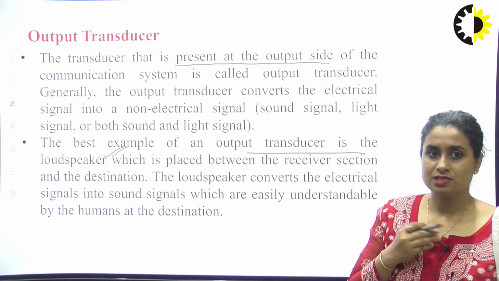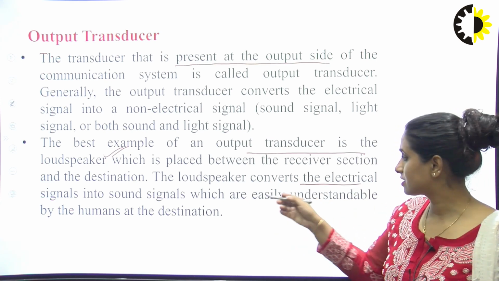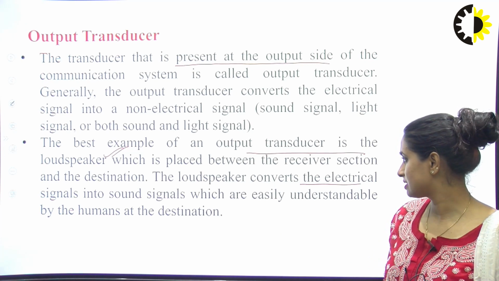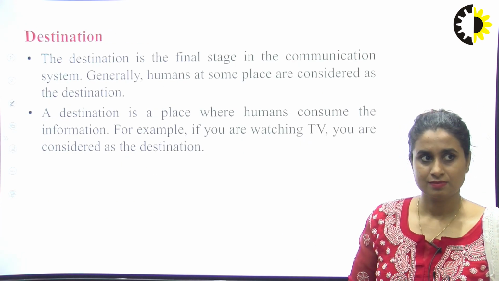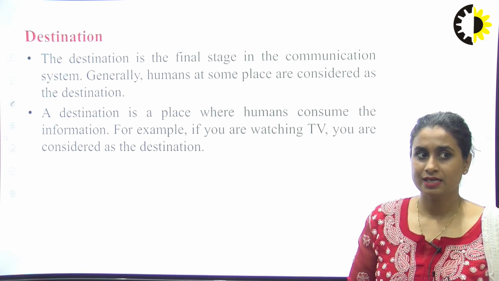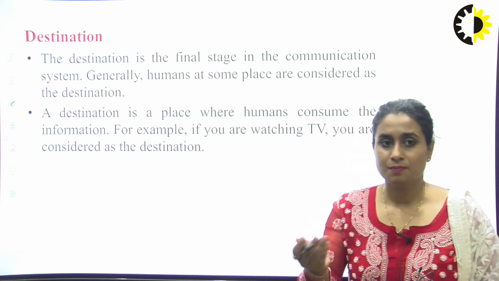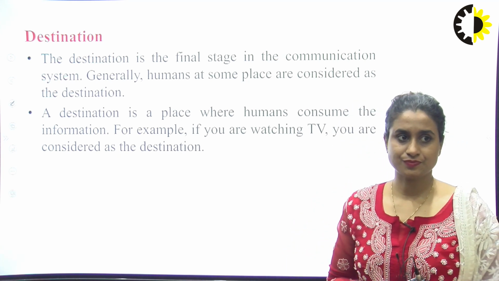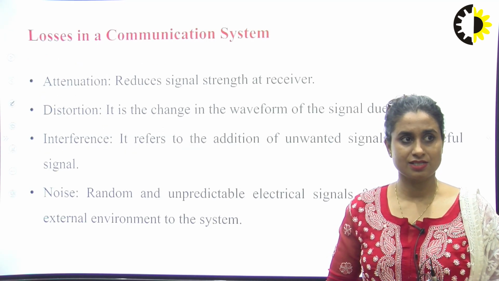Microphone, input transducer; loudspeaker, output transducer. It converts the electrical signal into a sound signal, which is easily understandable by the humans at the destination. Destination is the final stage in the communication system. It is a place where humans consume the information. Destination could be the person itself. For example, if you're watching TV, you are considered as a destination.